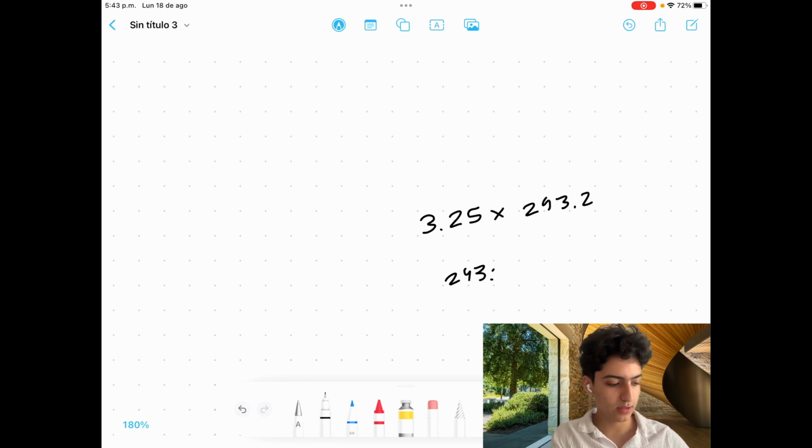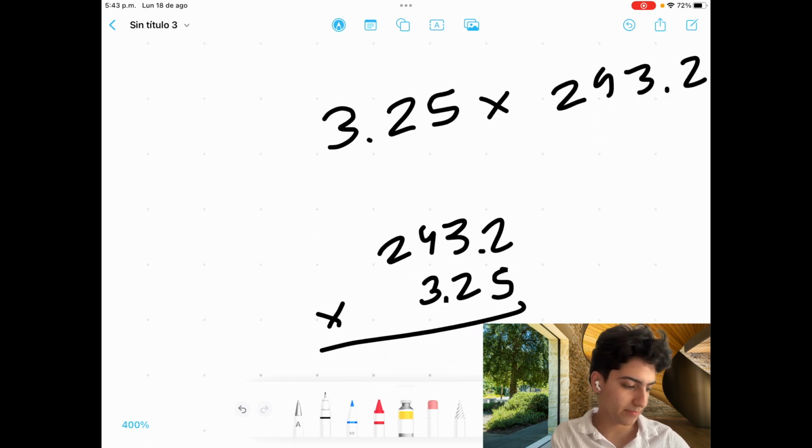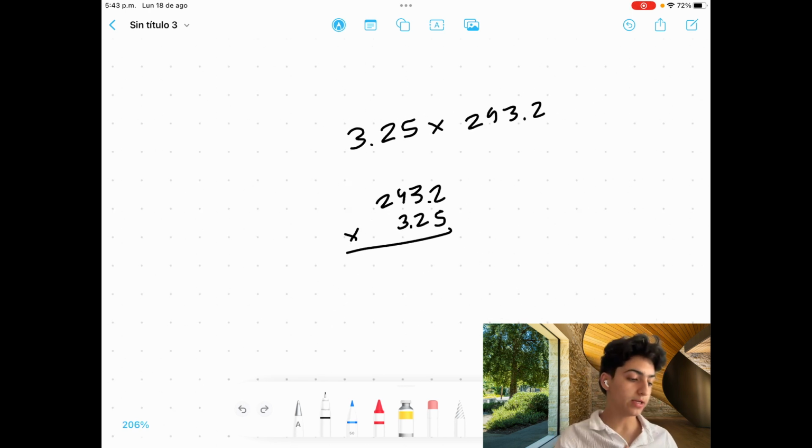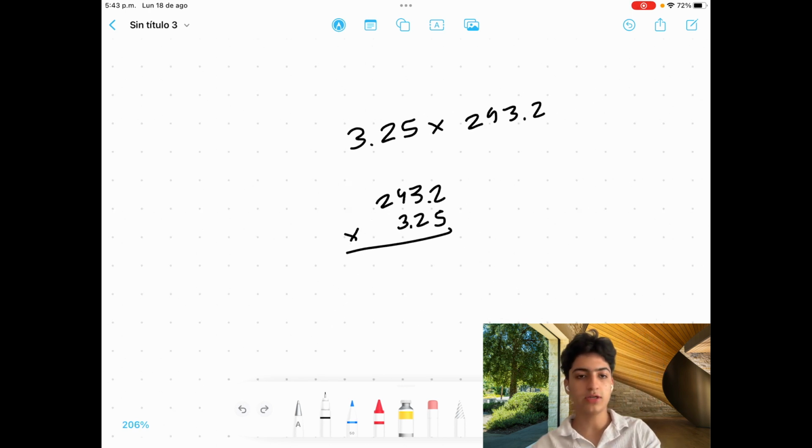In this case, 0.25, as you can see, they are not aligned. We don't care about that, okay? So in here we just care about actually performing the calculation, which I'm not gonna do because we already know how to do that, right?